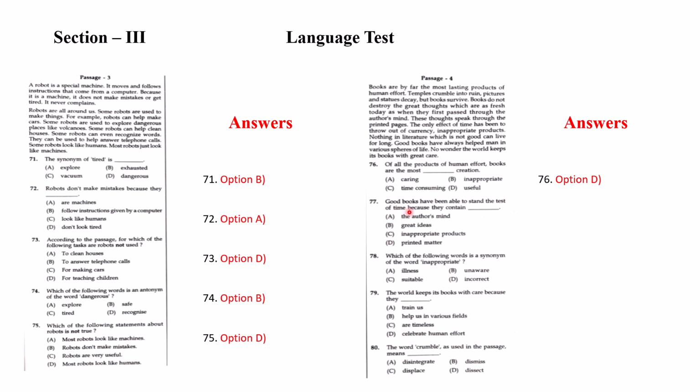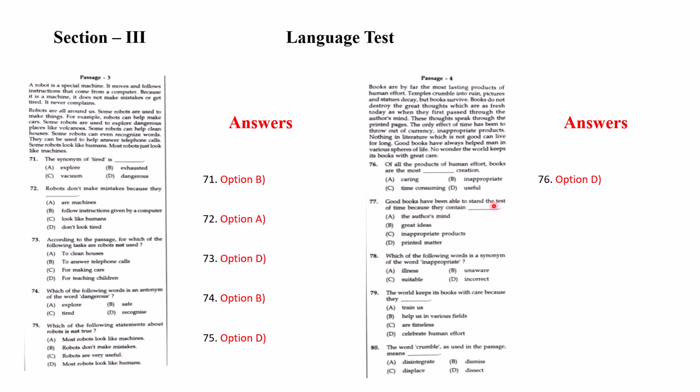Next, good books have been able to stand the test of time because they contain dash. But books survive. Books do not destroy the great thoughts which are as fresh today as when they first passed through the author's mind. Because they are coming from the author's mind, they are still good.